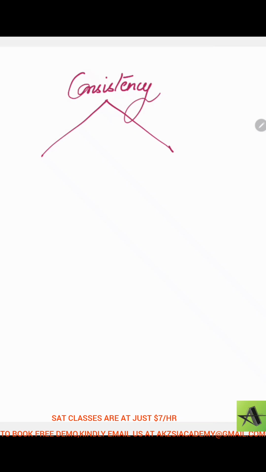So let me see this one. Consistency of a linear equation can be defined by two types. That means if you're defining its consistency, it can be consistent and it can be inconsistent.